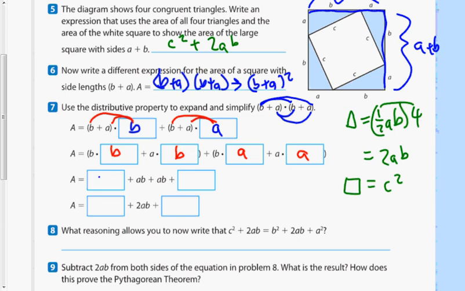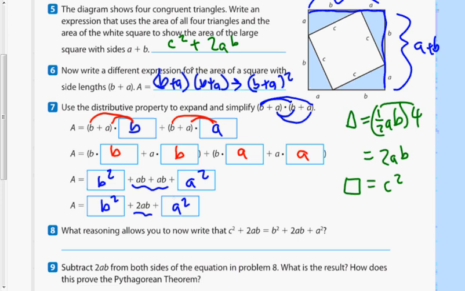B times B is B squared. A times B is just AB. B times A is the same thing, AB or BA, and then A squared. And so when you combine these two, because these are the same, there's 2AB. So we would have B squared plus 2AB plus A squared, and that's just simplifying number 6.